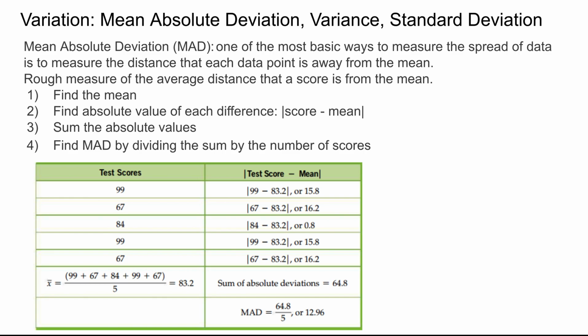To find the variation, the first thing that we used was finding range. So range was what? Maximum minus minimum. Yeah, the difference between maximum and minimum. And then we learned interquartile range. To find the interquartile range, first we found the median.